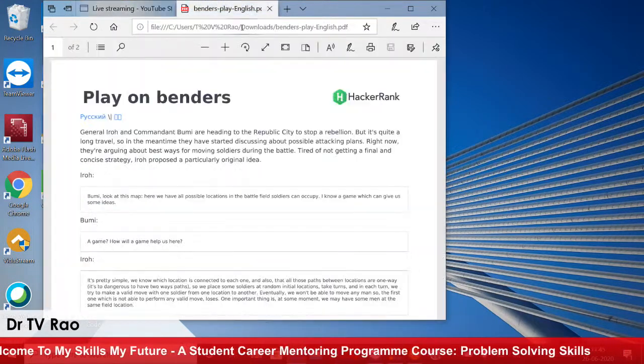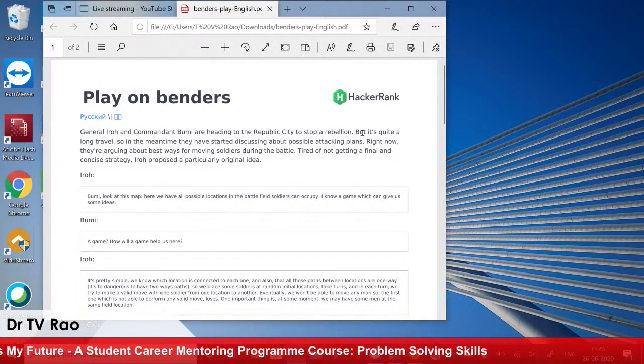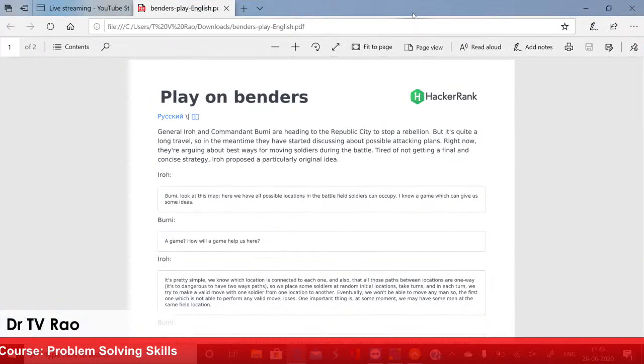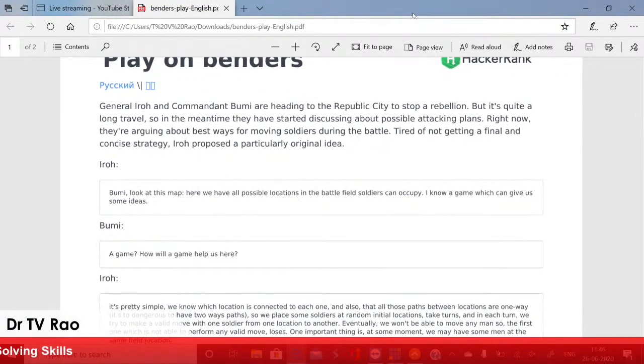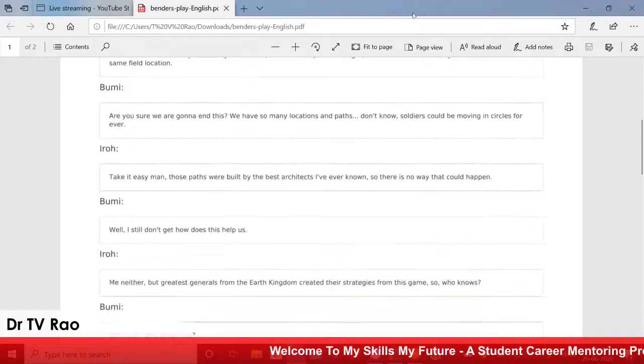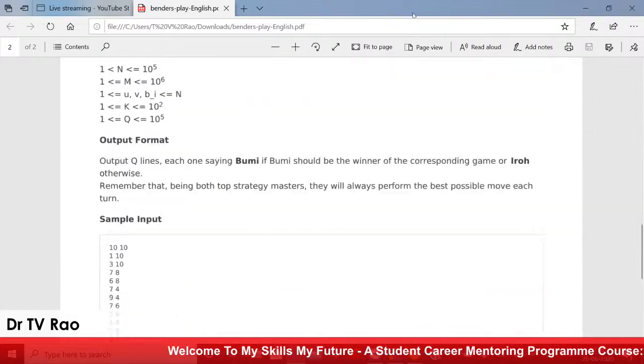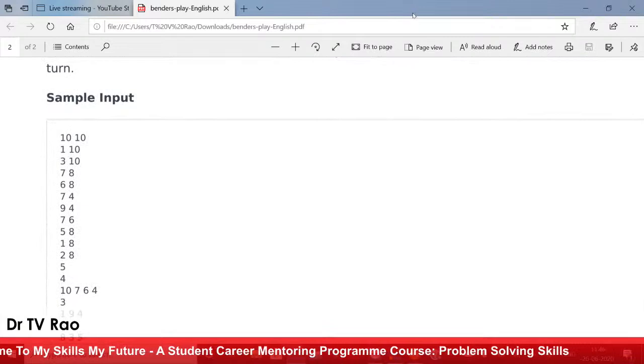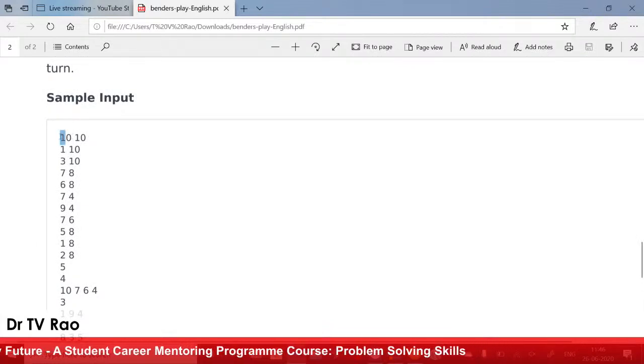The statement is Play on Benders. It is given in HackerRank. Now there are two army commanders discussing a possible strategy to defeat the enemy. Okay, let them discuss whatever they want, but look at this. There are 10 locations and 10 paths between them.